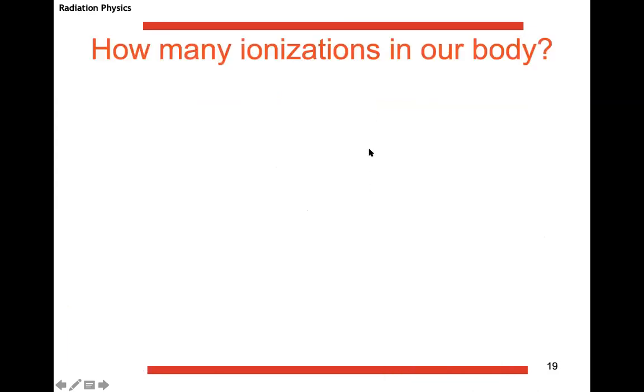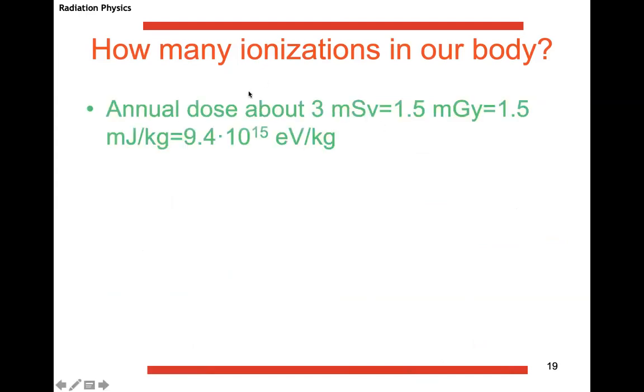So how many ionizations in our body? That's something we have to clarify. I mean, is ionization a rare event or a frequent event? This we can easily calculate. We say that the annual dose is about 3 millisievert, but this means approximately 1.5 milligray, because as I said, there is quite a large component from radon.